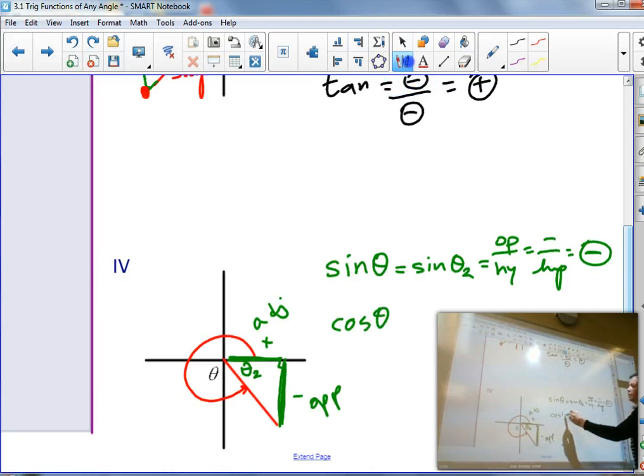The cosine: well, in this case, my adjacent side, adjacent to theta, is positive, so my cosine will be positive. And my tangent will be what? Opposite over adjacent, which is going to be negative over a positive, which is negative.